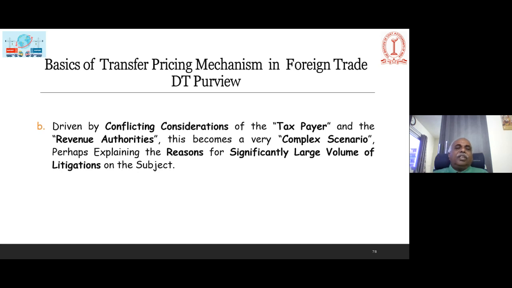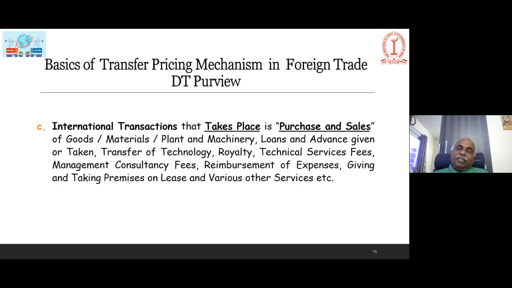Not only that, international transactions take place, particularly purchases and sales, whether of goods or materials or plant and machinery, or loans and advances given or taken, or transfer of technology, or royalty or technical fees or management consultancy fees, or reimbursement of fees or reimbursement of expenses, or giving and taking premises on lease, or various services.